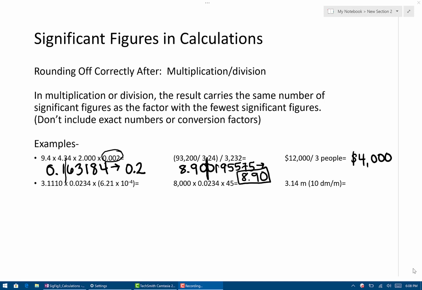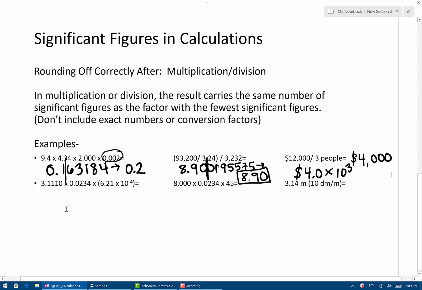And so if we change this to 4.0 times 10 to the third, then we are giving the answer with 2 significant figures. And it's the same meaning. So a good way to get rid of any ambiguity is to change your numbers to scientific notation, because the numbers reported in scientific notation are all significant.